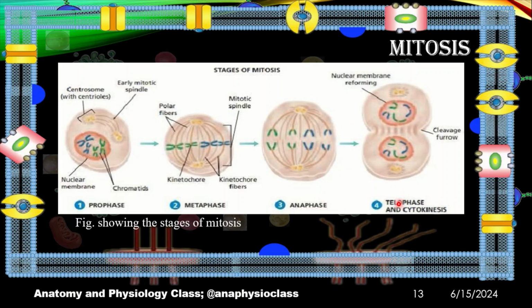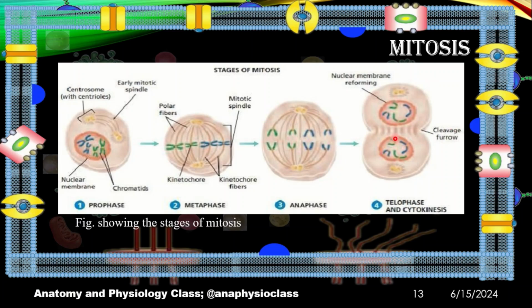Then telophase. In telophase, now there are two collections of chromosomes. The chromosomes will now uncoil to become DNA. Nucleolus will appear, nuclear membrane will also appear, and those mitotic spindles will now disappear.